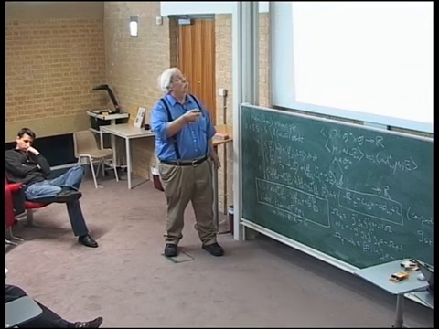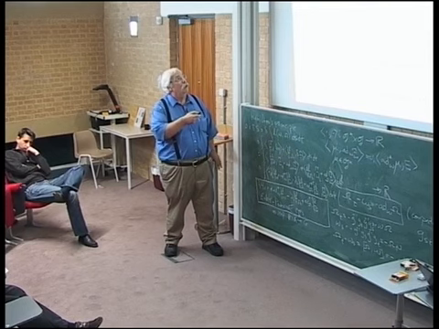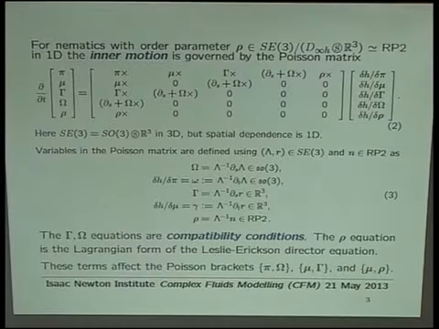And if you do that, this is what you get for breaking SE3 with respect to SO2 with reflections. The reason why there are so many equations here is that SE3 is a direct product of rotations and translations.